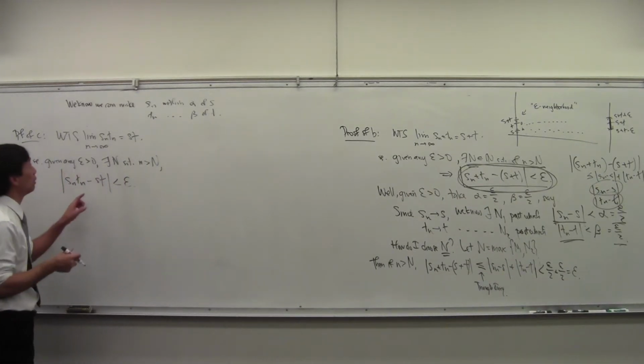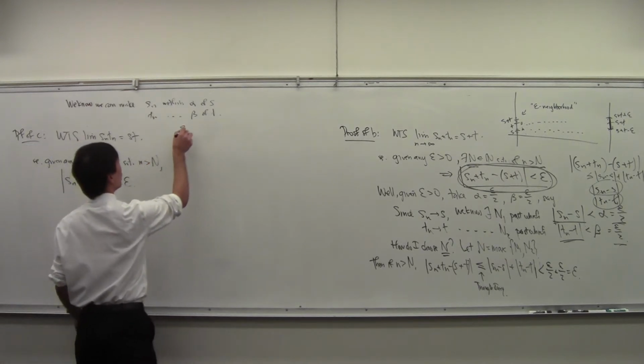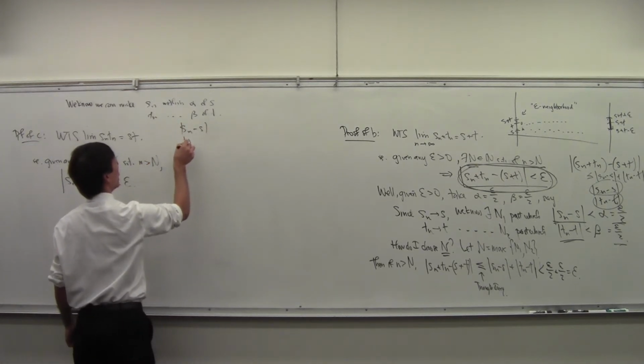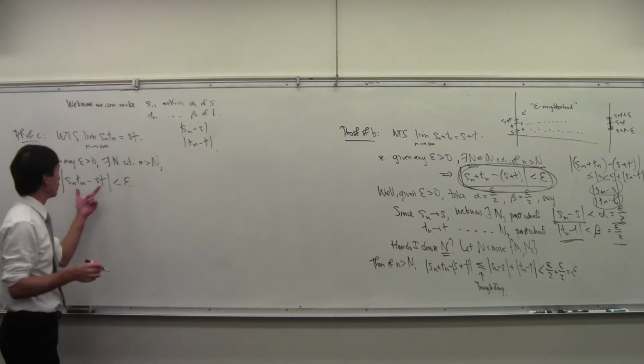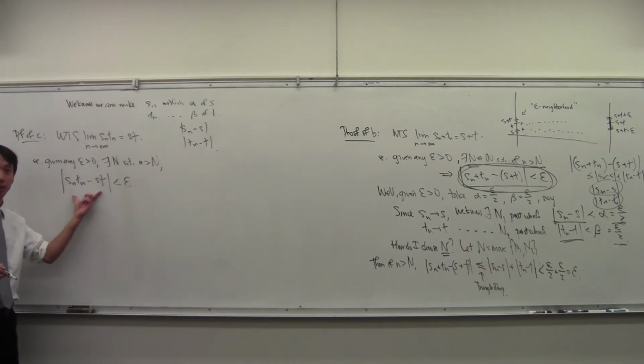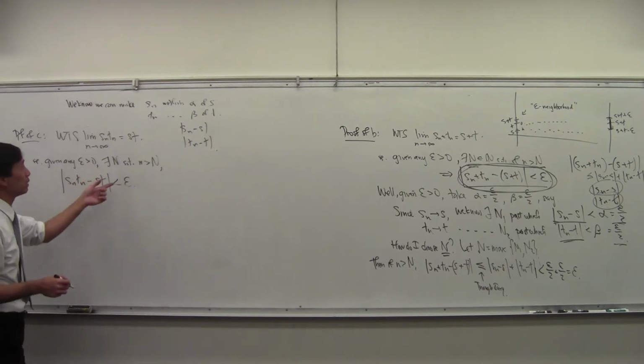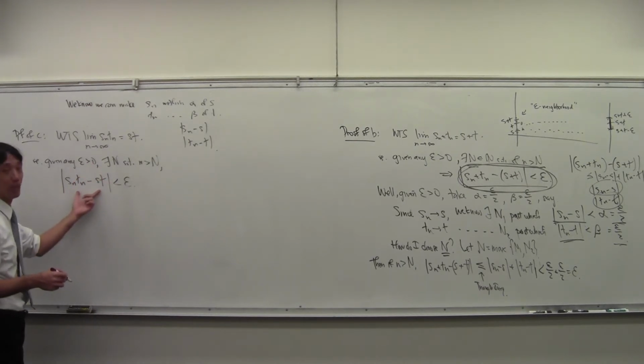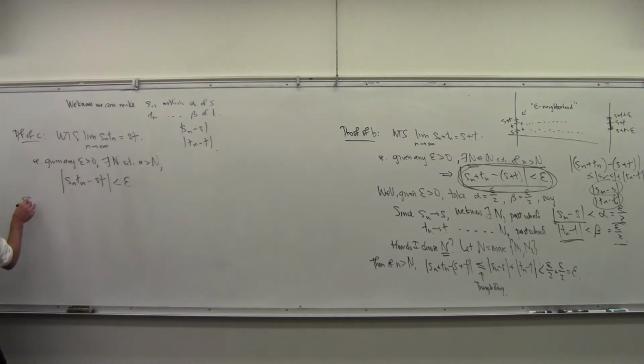We've got control over this and this, and we want to use that to control this thing. But it's not so evident this time. Where is the Sn minus S? Where is the Tn minus T? They're not there. So you do a little bit of scratch work as before.